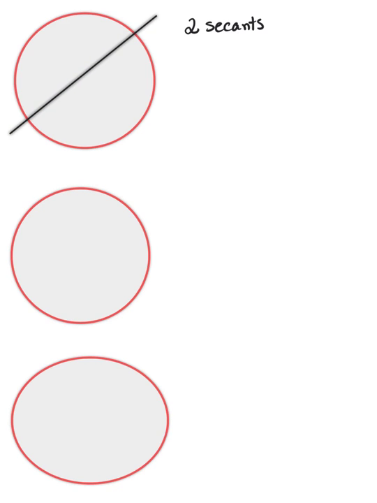Okay. Now, I'm going to name this point P for point. And then I'm going to label these points of intersection so we can use them.